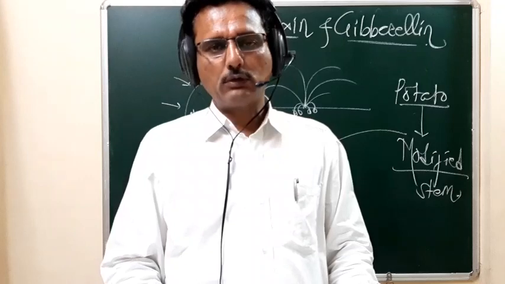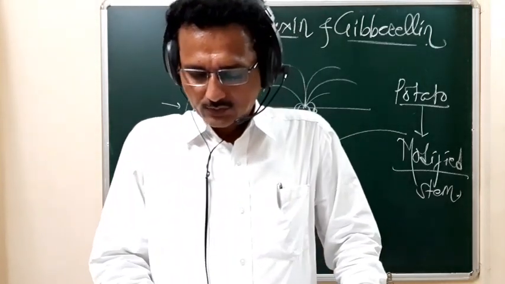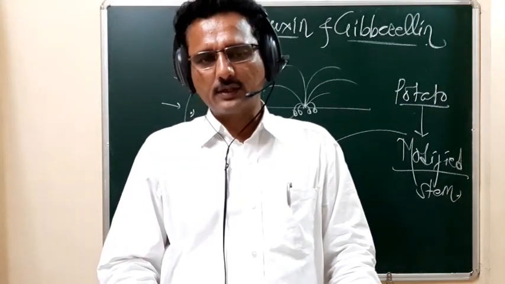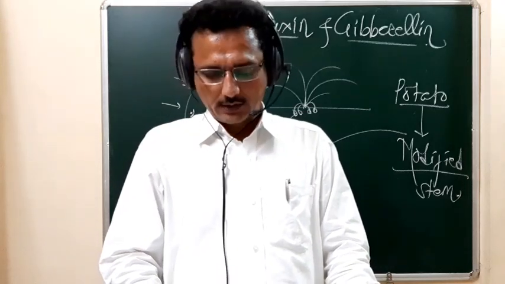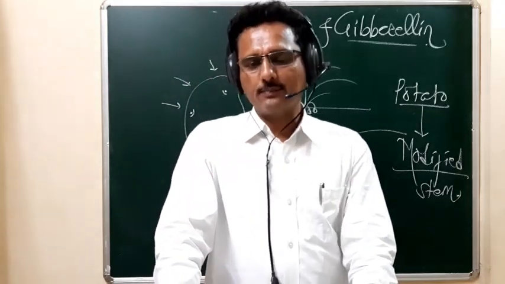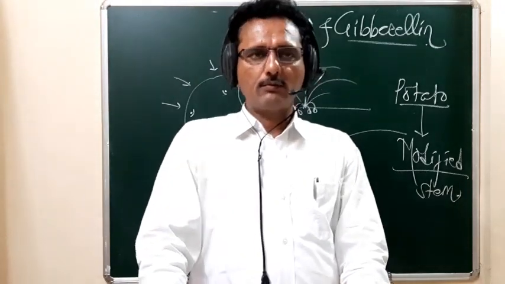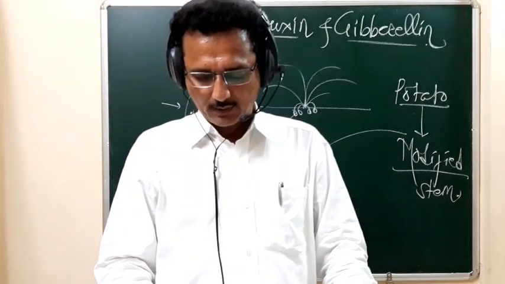Question number 168. The application of auxin causes formation of seedless fruit. When there is formation of seedless fruit, in the sense fruit formation without fertilization, it is called parthenocarpy. So when we apply auxin, we induce parthenocarpy.